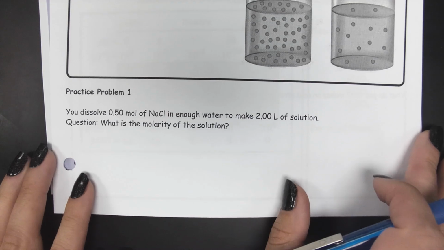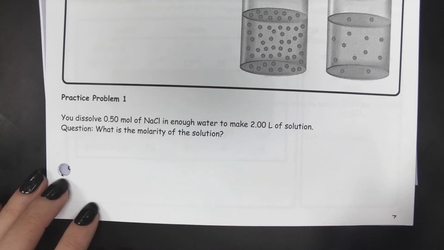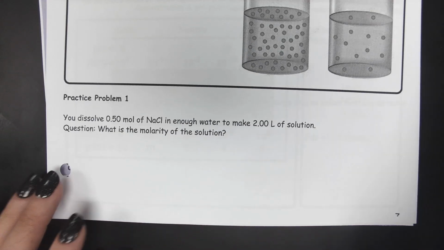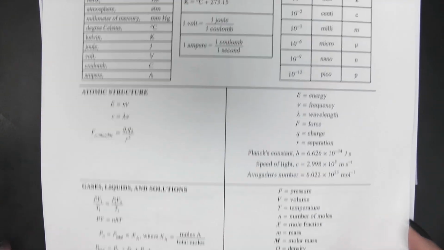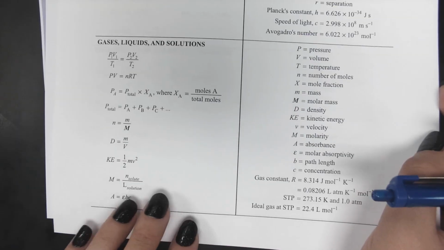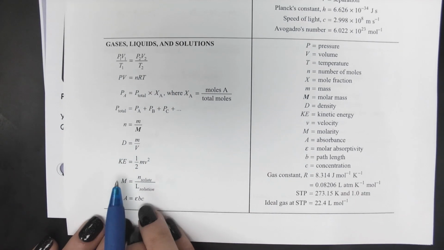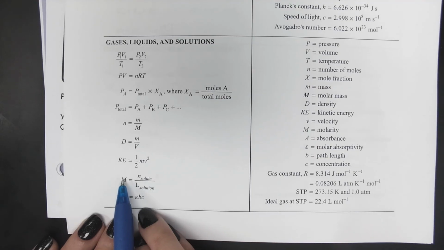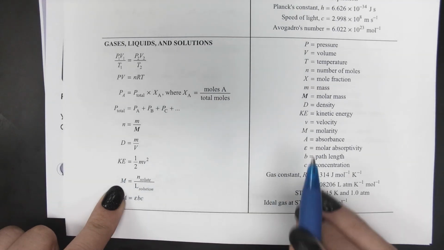You dissolve 0.5 moles of NaCl. Oh, sorry. Pause. Back to your reference, just so you know where this is at. It's still the front of the reference, and it says gases, liquids, and solutions. And right here, it has a capital M, and if we forget what the capital M is, then we check over here.